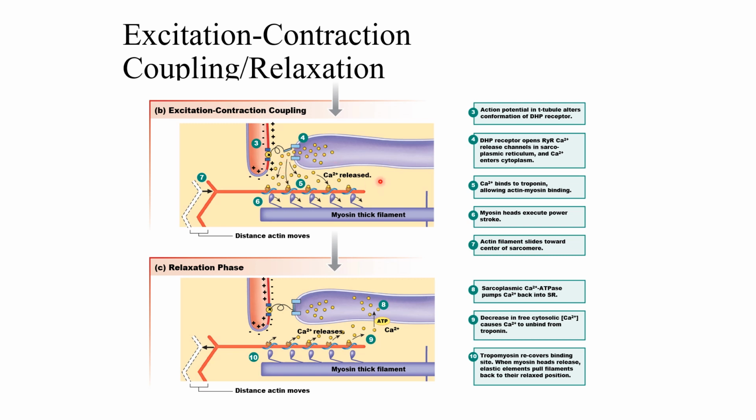When calcium rushes out, it is going to bind to a specific protein on your actin filaments known as troponin. And once calcium binds to troponin, then we are going to go ahead and start our cross-bridge cycle.